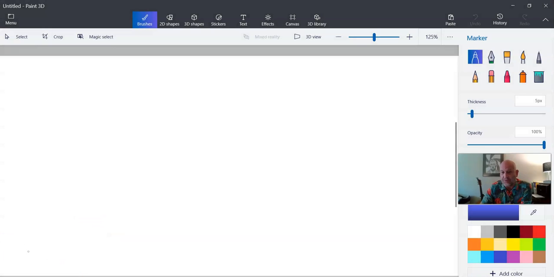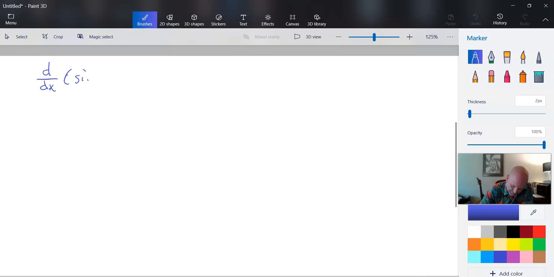Now, I'm not going to go through the entire derivation process, but the main things we want to remember here, actually, let's make that smaller. There we go. Is that if I want to take the derivative of sine, what I get is cosine, right? Now you can do this from the difference quotient, taking its limit as h goes to 0, all that stuff.